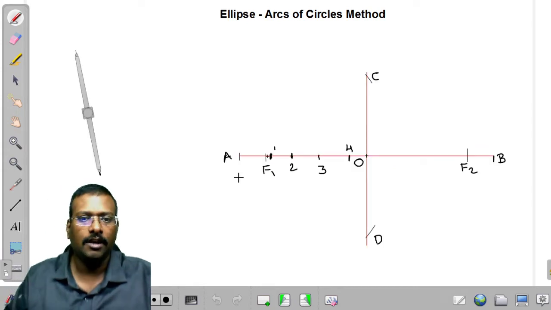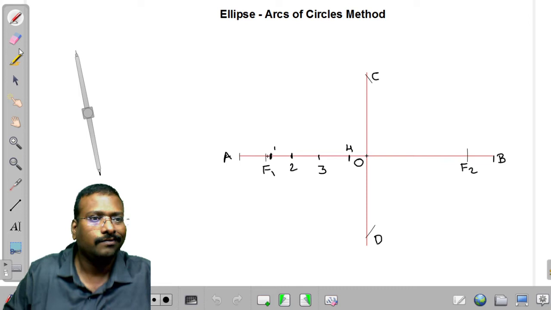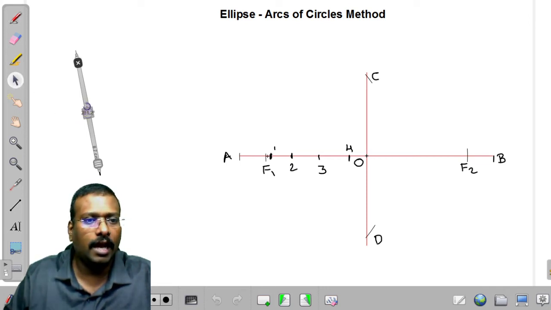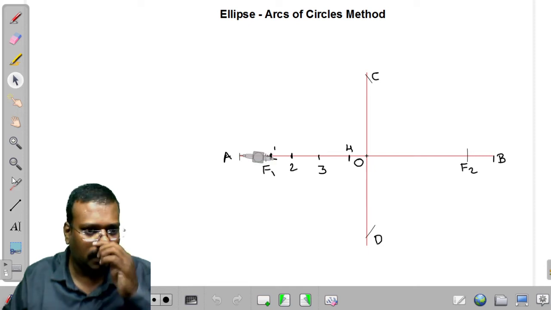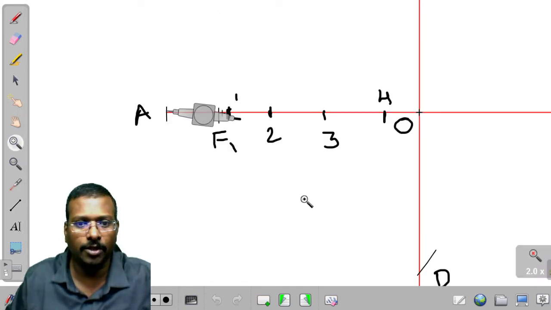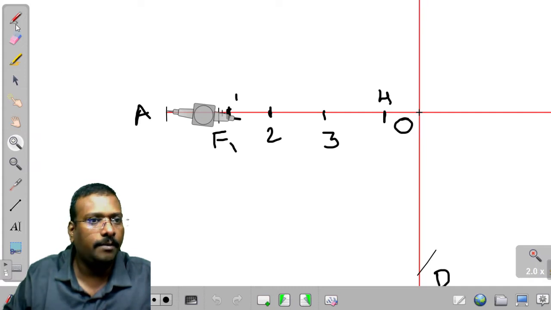What is it, sir? First step is take A1 as radius. It does not appear clearly, so I am going to zoom this particular one to get some more clarity.